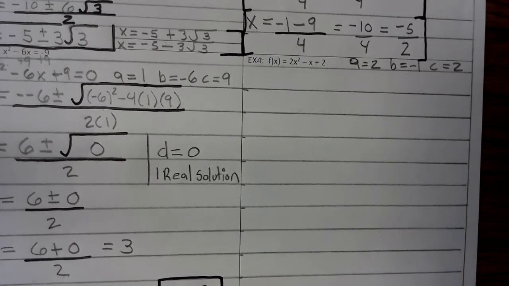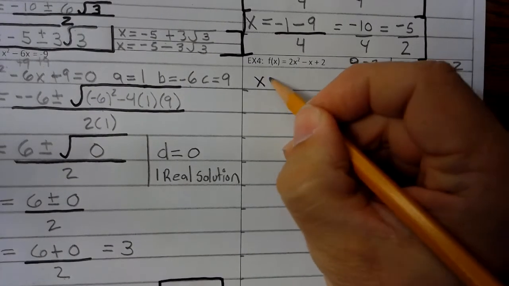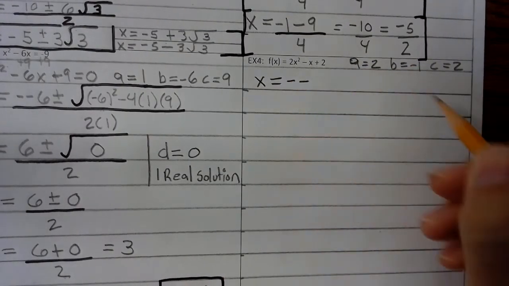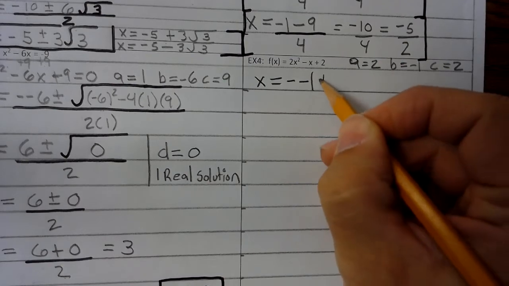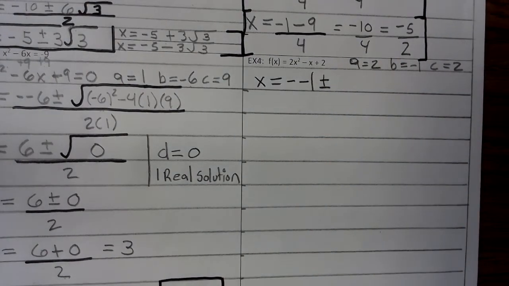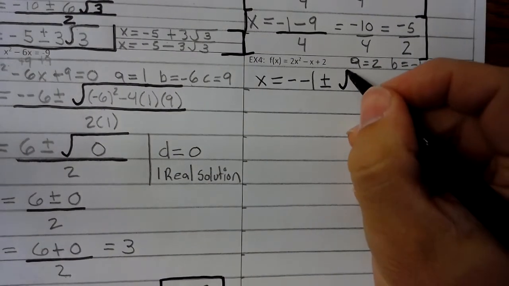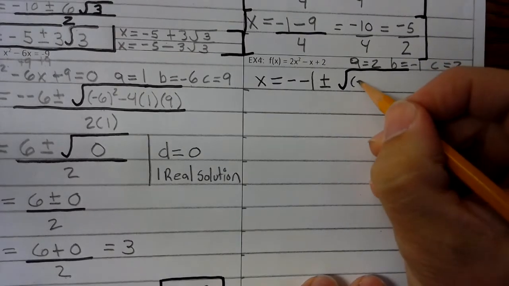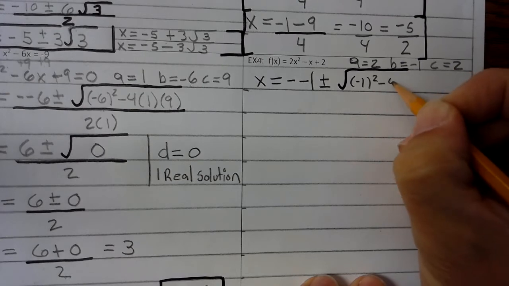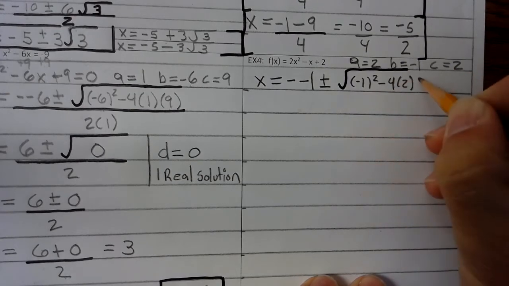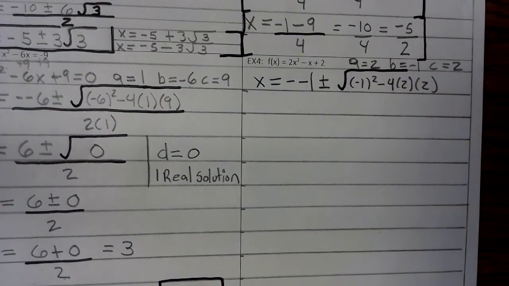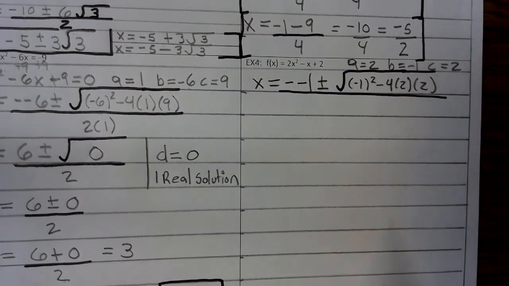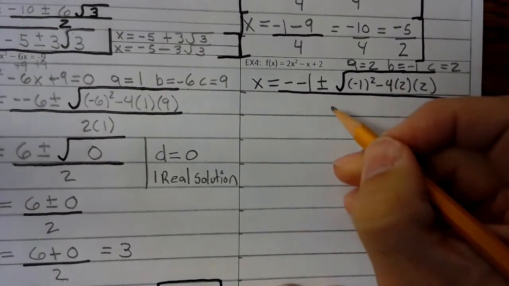Okay, so then that's x equals negative b, that's -1 plus or minus the square root of -1 squared minus 4 times 2 times 2, divided by 2 times 2.